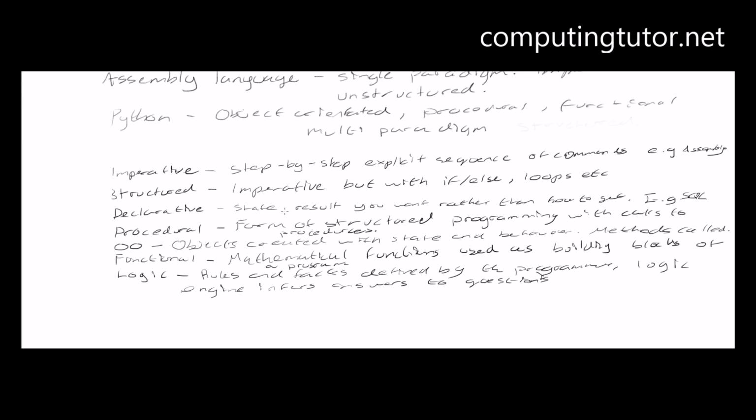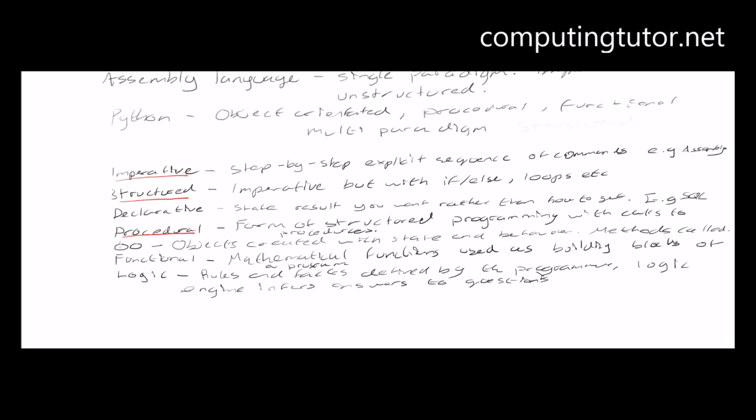Okay, so that's just a brief overview of what a programming paradigm is, and then some examples of programming paradigms. I'm going to go into a bit more detail in future tutorials about the specific subtle differences between imperative, structured, and procedural.